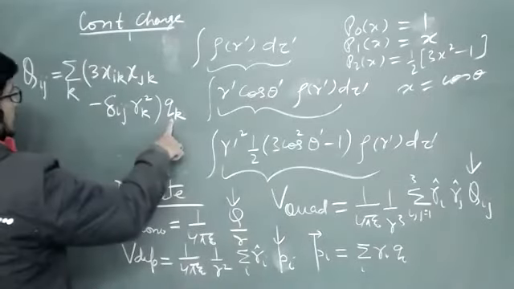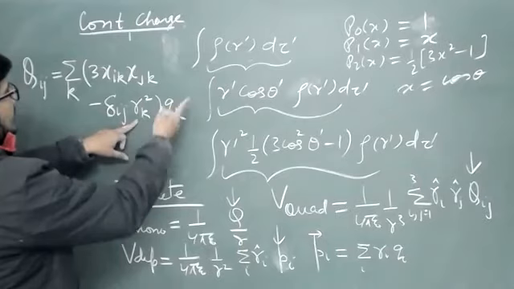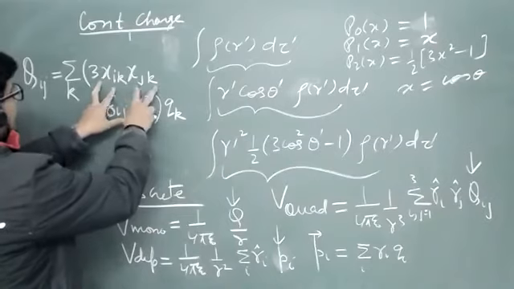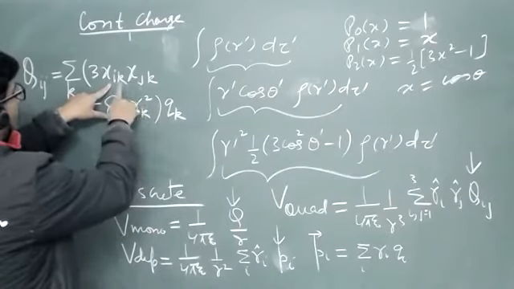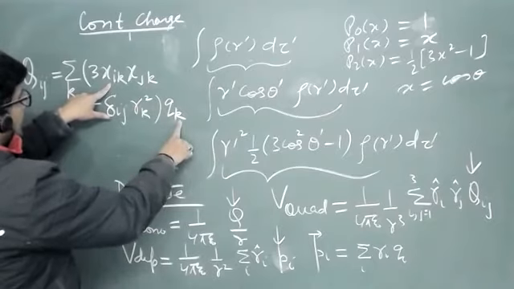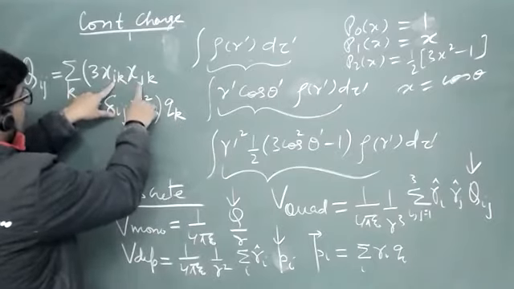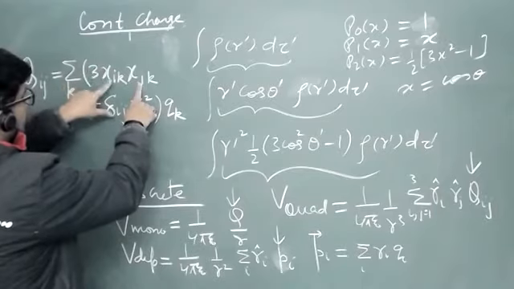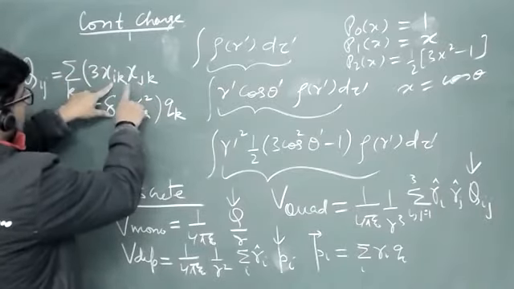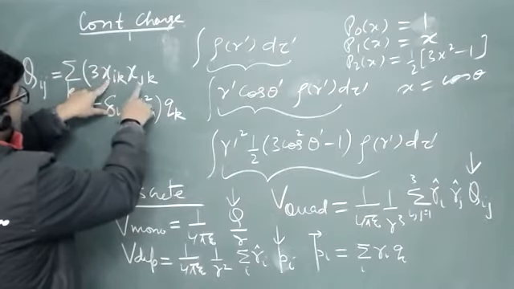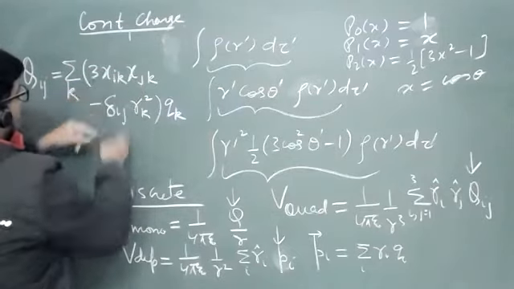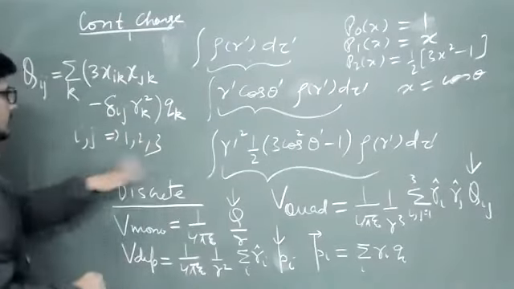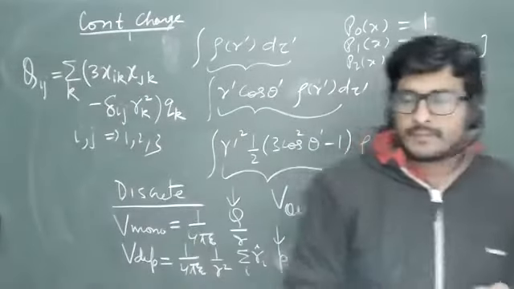So this is the kth charge, and rk is xk square plus yk square plus zk square, and this xik, ध्यान से देखना जरा, ये i और j जो है ये बहुत ध्यान से देखने वाली चीज है. जैसे आपने पहला चार्ज ले लिया तो पहले वाले का i और j लेंगे. तो जैसे मान लो ये लोकेशन 1 1 है तो it will represent x, ये 2 2 है it will represent y, ये 3 3 है it will represent z, ये 1 2 है it will represent xy. ये i j will run from 1 1, 2 2, and 3 3. So this is the quadrupole moment.